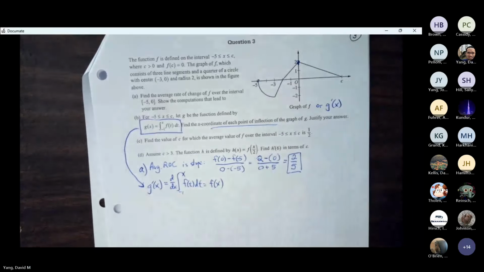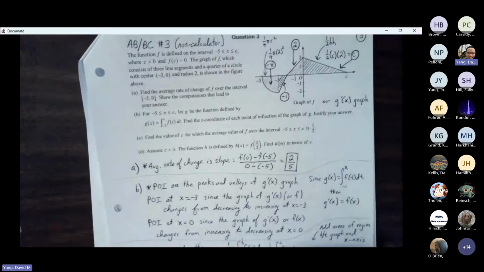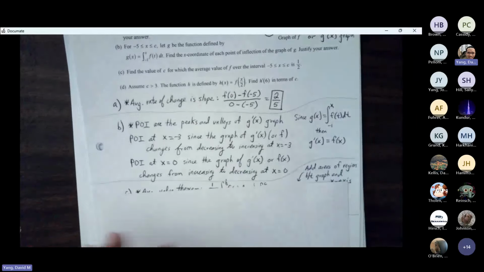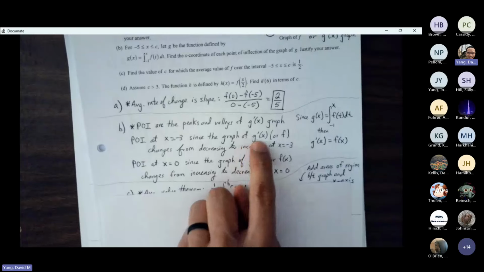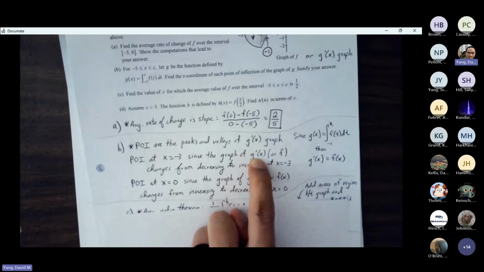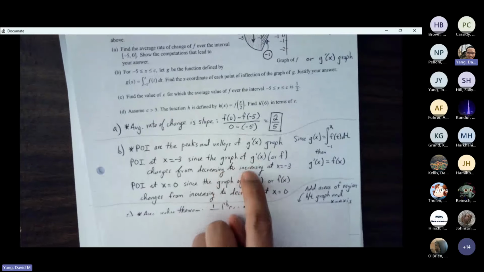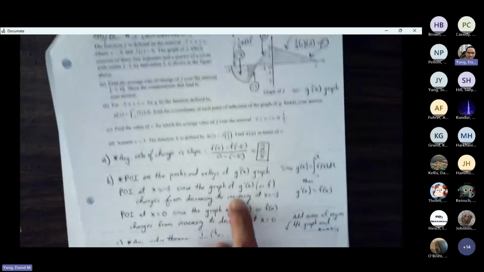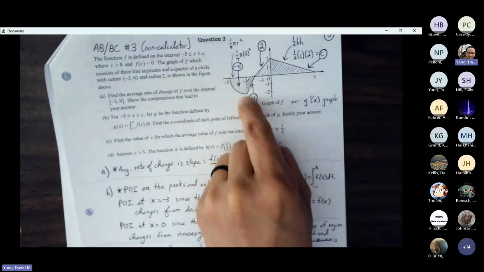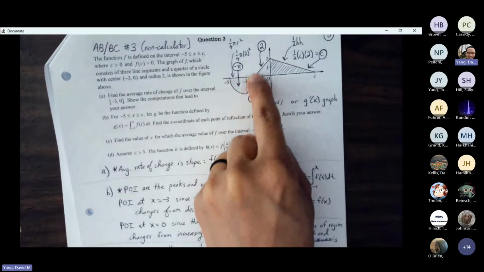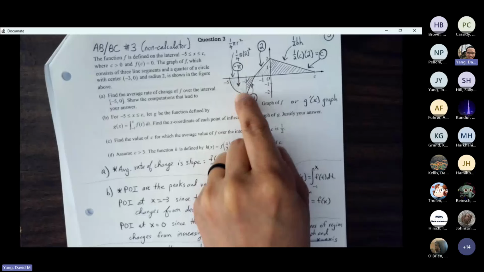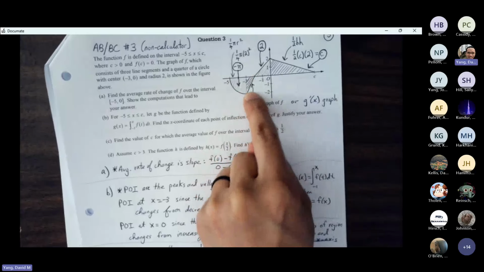Okay. So the way that we want to say this, though, we don't want to say peak or valley. We really want to indicate that the graph of g prime, or f, changes from decreasing to increasing, or from increasing to decreasing. The fact that the slope of the g prime graph changes from decrease to increase is what indicates a point of inflection.